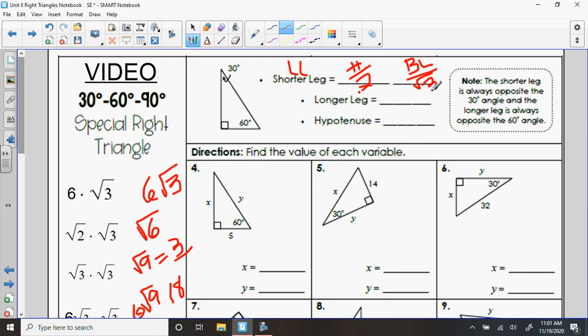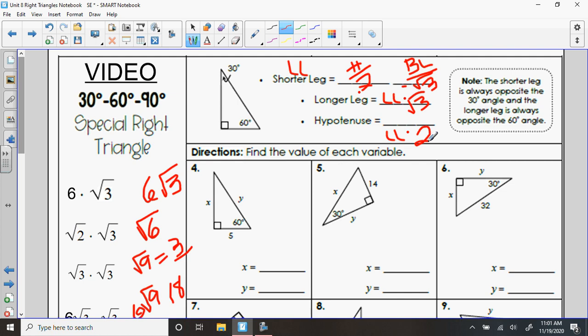The longer leg is found by multiplying the little leg by radical 3. And the hypo is found by saying little leg times 2. It's twice as big as the little leg.